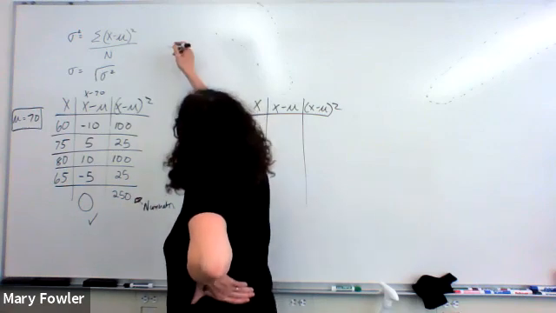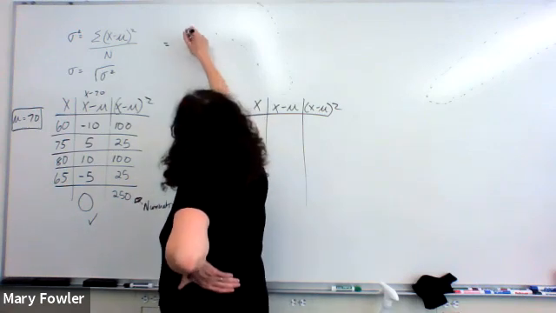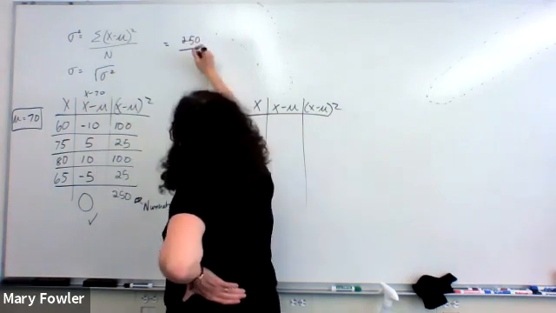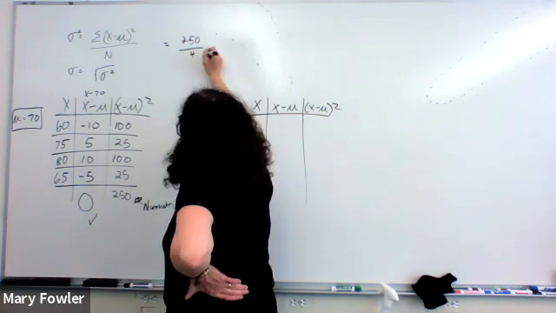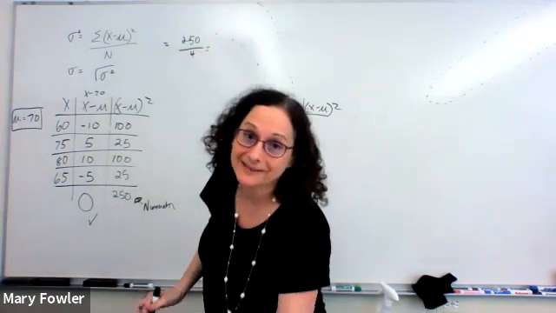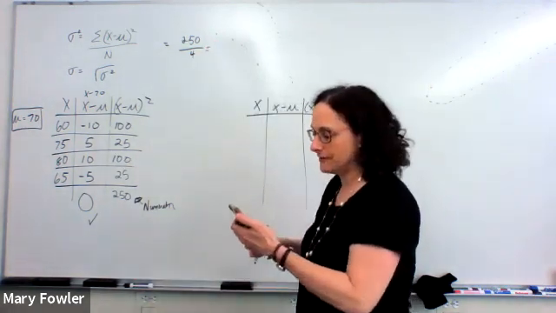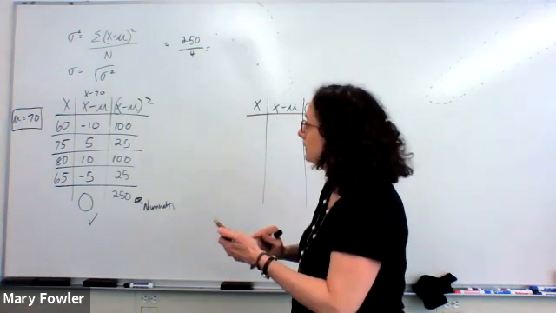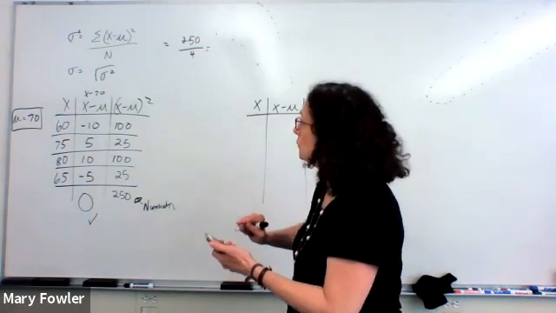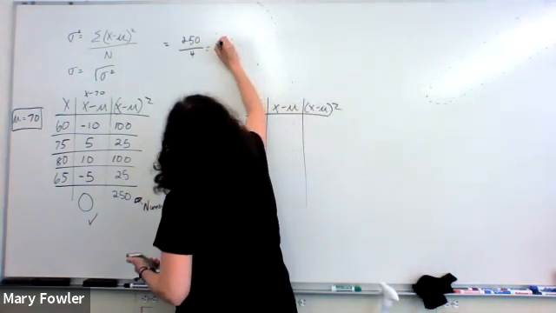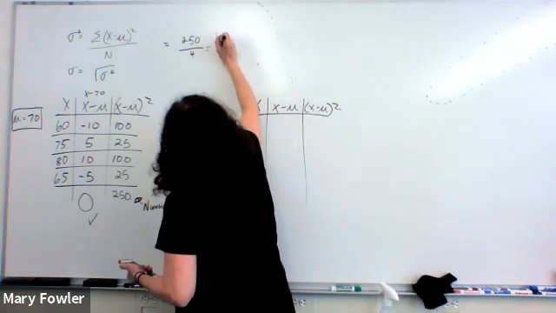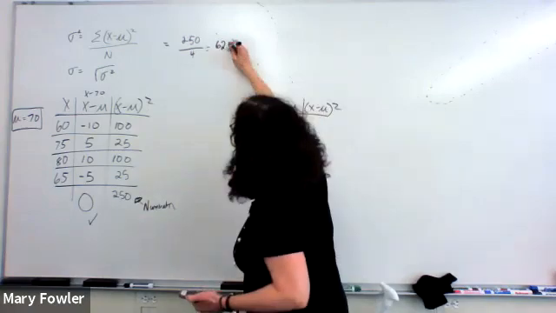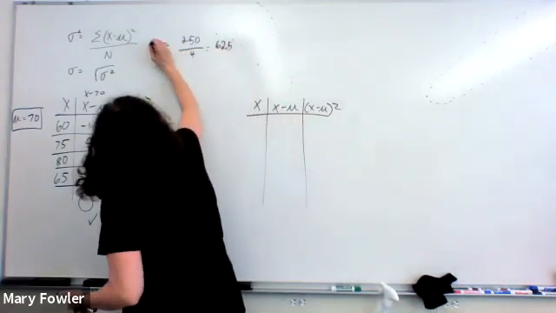So sigma squared is equal to my numerator, 250, divided by the number of observations, that's 4. I take the calculator out for this one: 250 divided by 4 is 62.5. And that's my sigma squared.